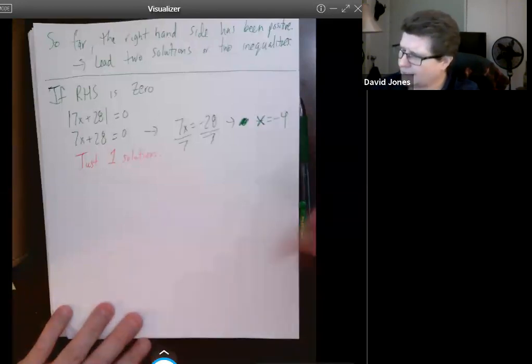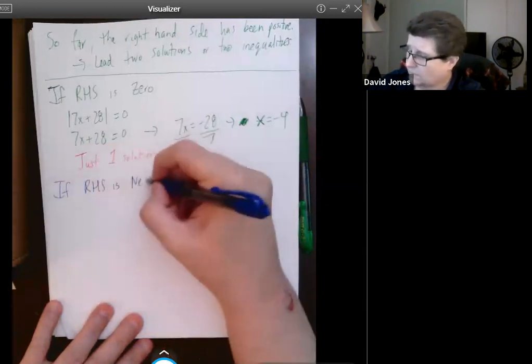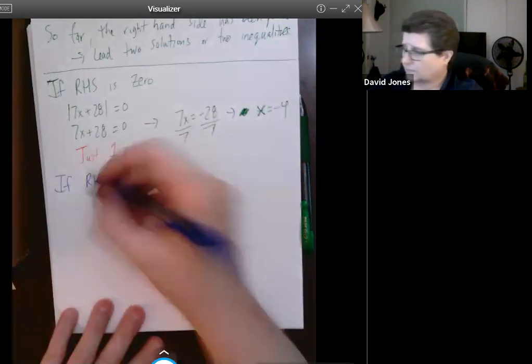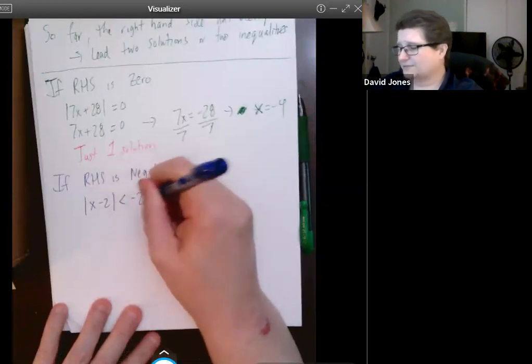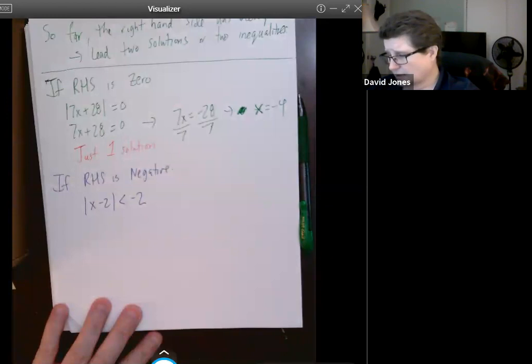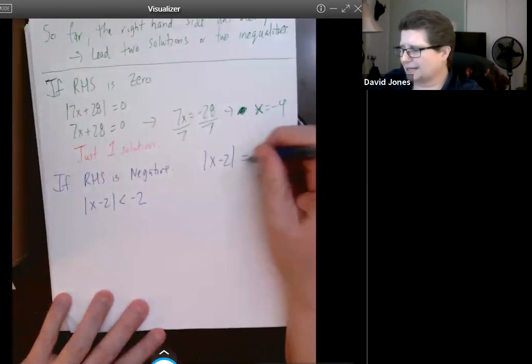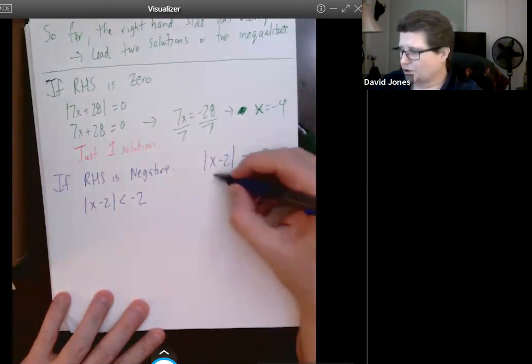And what about if the right-hand side is negative? If I have the absolute value of x minus 2 is less than negative 2, well, start off. The absolute value of x minus 2 equaling negative 2 never works. So if we do the equal sign, there's no solution.